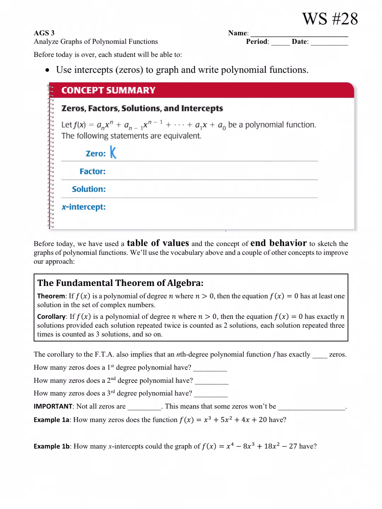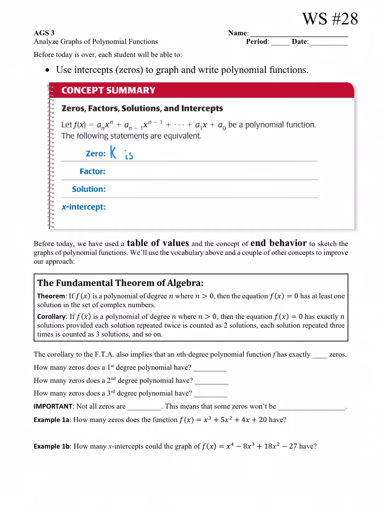Let's see, what we've talked about the last few days is these vocabulary words. There's really four of them: zero, factor, solution, x-intercept. So we'll start with this zero, which is saying k is a zero.